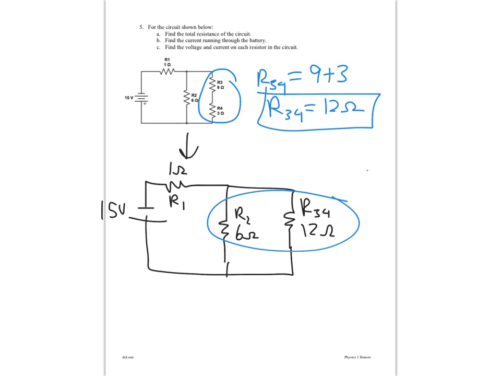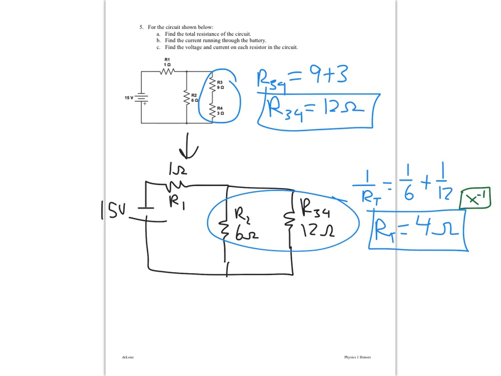Since they're connected in parallel, we do 1 over RT equals 1 over 6 plus 1 over 12. I'm going to jump to solving this, but you could add those fractions and then, of course, use the x to the minus 1 button on your calculator to raise it to the negative first power and solve for RT. When you do that, you should find that the total resistance here is going to be 4 ohms. And so that's going to be 2, 3, 4 together.